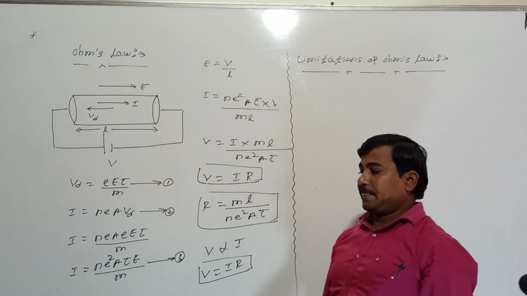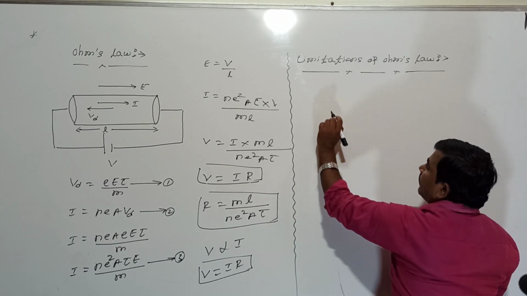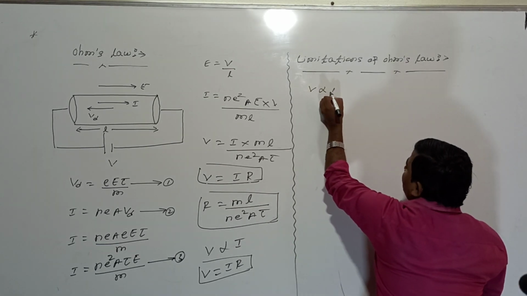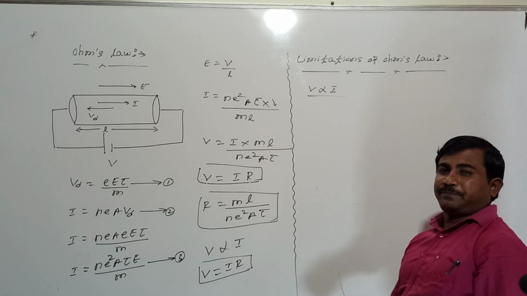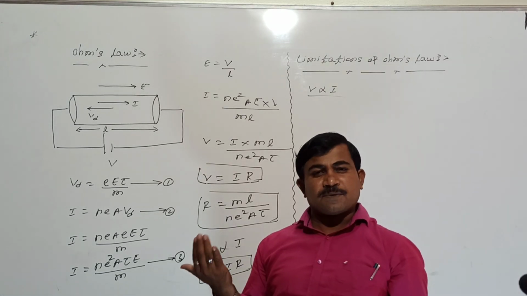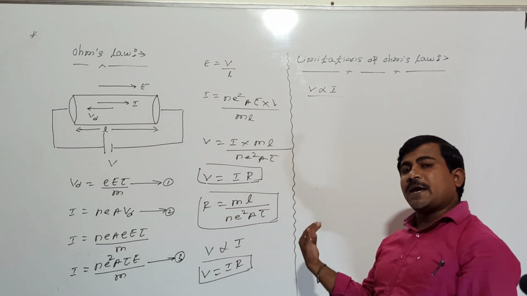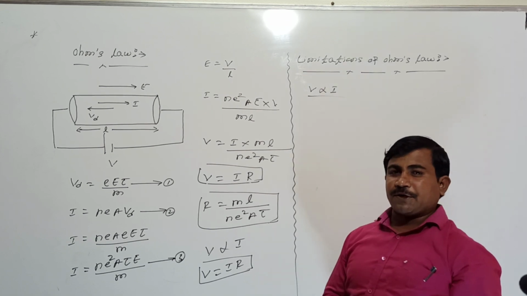Who can say potential difference is directly proportional to current? When it is, some physical terms remain constant, like length, area, temperature, and other physical quantities.